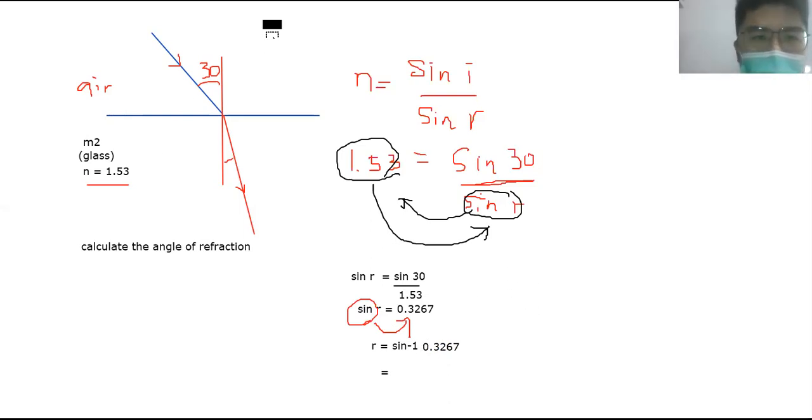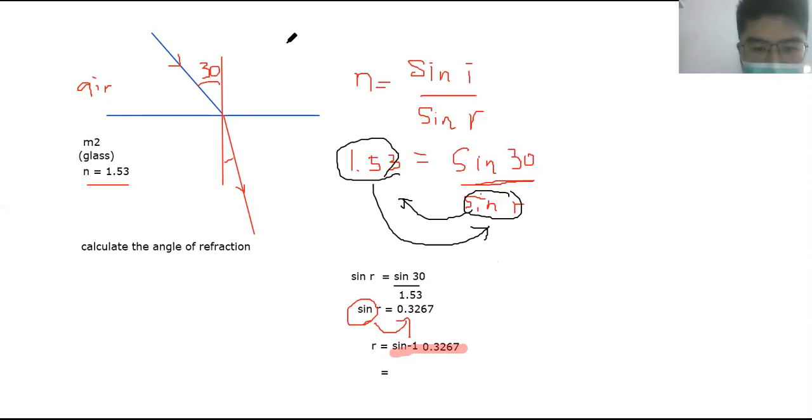Can you find it? Where is the sine -1? It's just above the sine. Yeah, press it. 19.068.